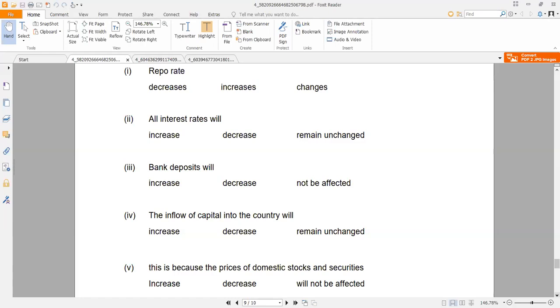What happens regarding the bank deposits? I just said on my paper decrease. I don't know why. Please clarify.